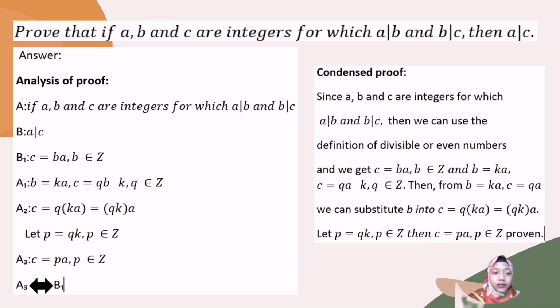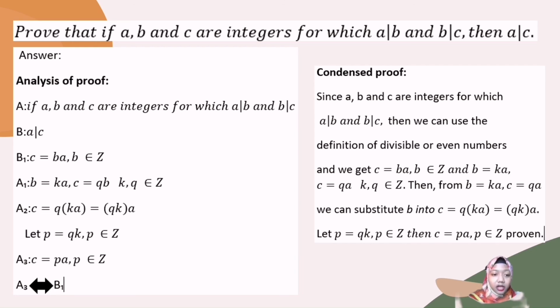So, from the question, if a, b, and c are integers for which a divides b and b divides c, it is given inside the question, and we need a divides c. From B, c equals qb, and from A, b equals ka, and c equals qb, because we use the definition of divisibility.